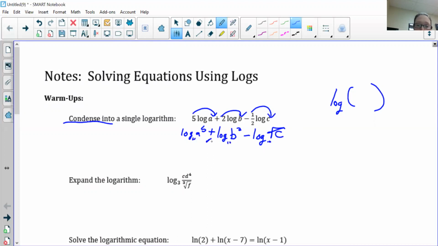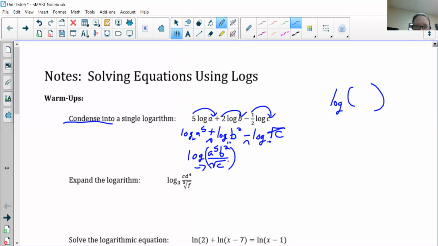So addition here means multiplication. So this is going to be the log of a to the fifth b squared, minus sign right here, which means division, divided by radical c. All right, put parentheses for clarity. Now, in the past I have said let's just go ahead and leave this as a radical.